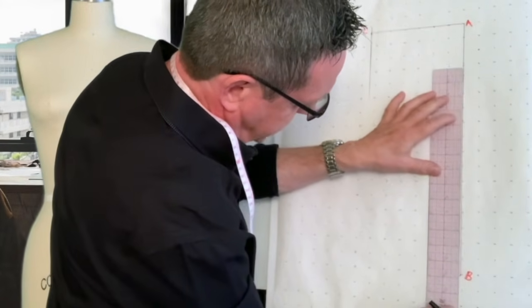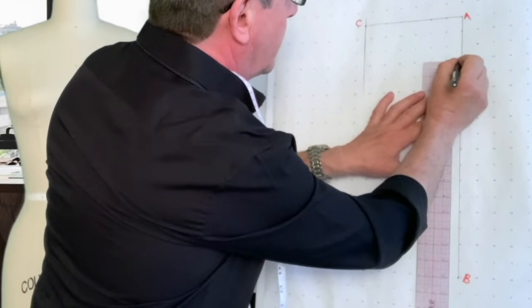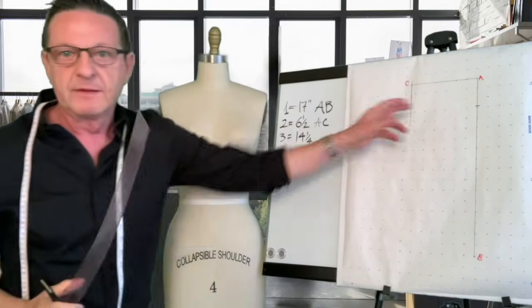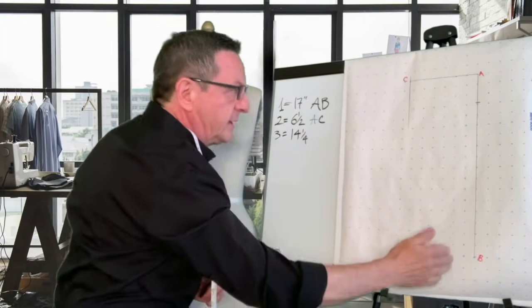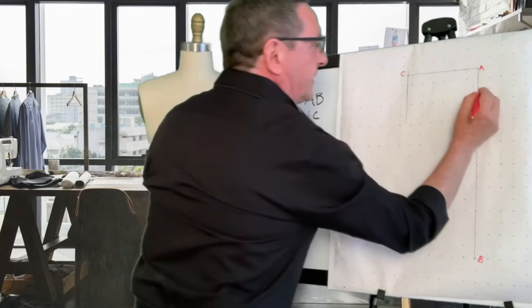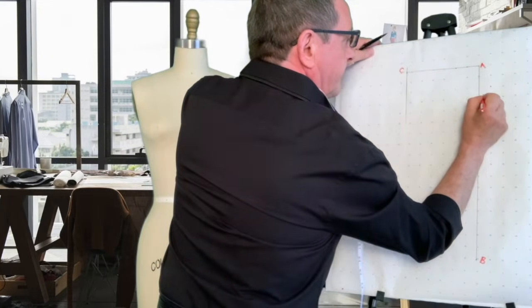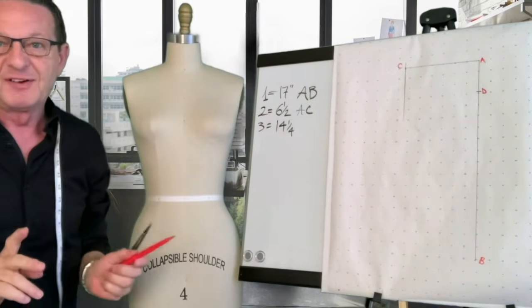And in my case, 14.25 is right here. Right there. And that is, so we have A, B, C. Guess what? That is D. So I'm going to mark this D. Okay? All right, so far so good.